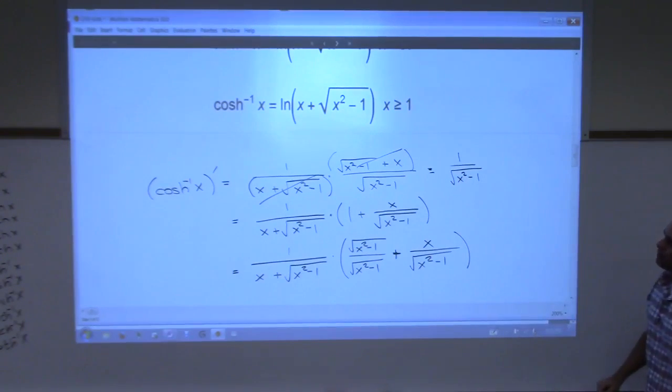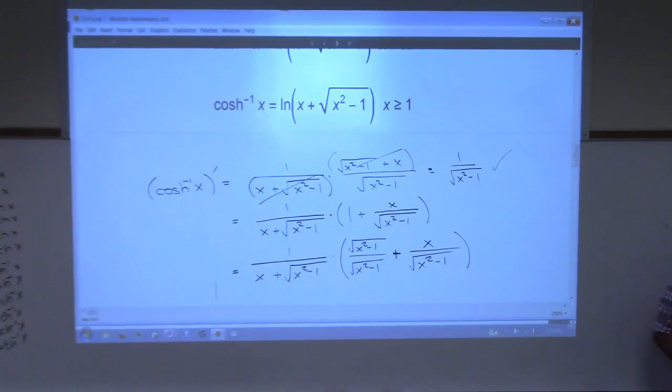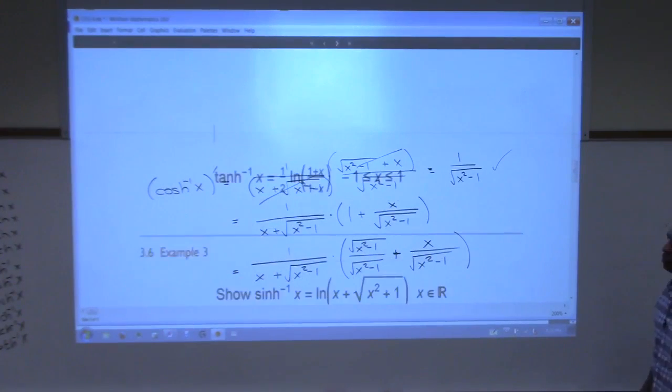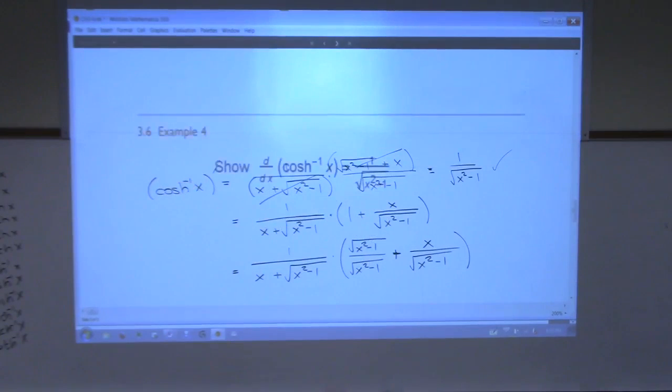There you go. That's what we were trying to show. Now, the other derivatives are on the formula sheet, but we've just proven one of them.